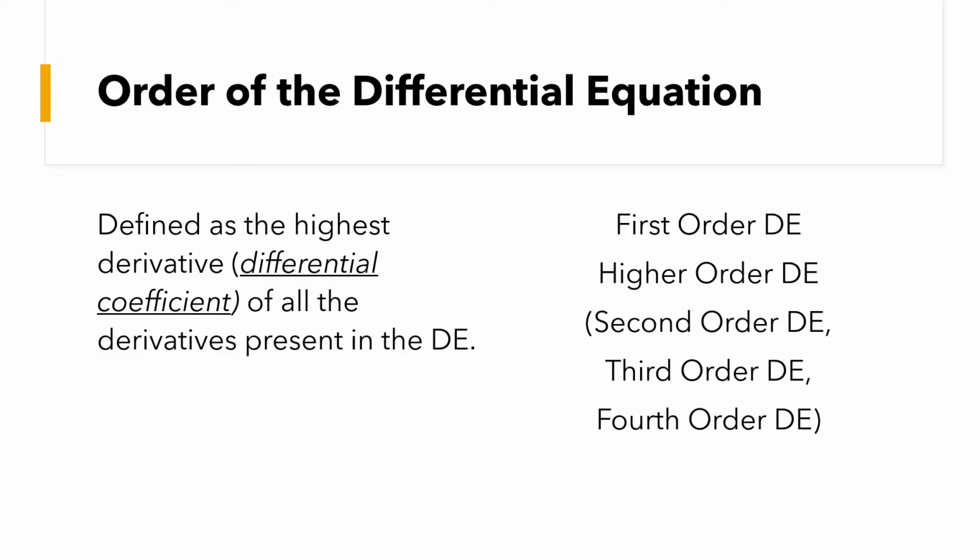We have first order DE and higher order DE, but the higher order DE is subcategorized into its particular order, no? We have second order, third order, fourth order, so on and so forth. Okay, so that is what an order of the differential equation is, no? That is the highest derivative in the given differential equation.